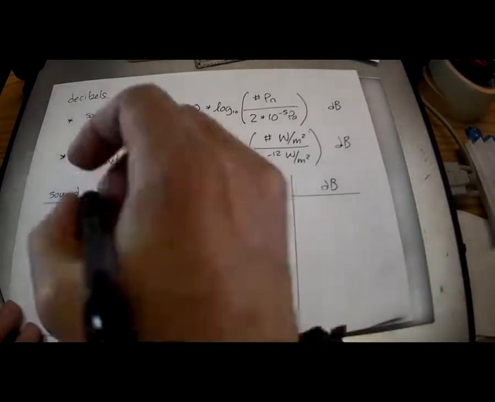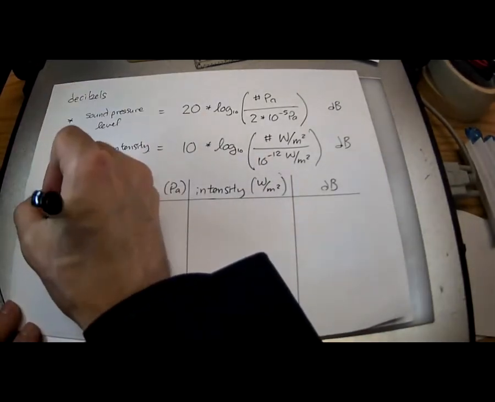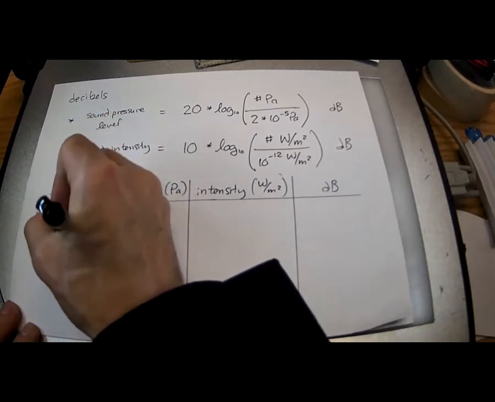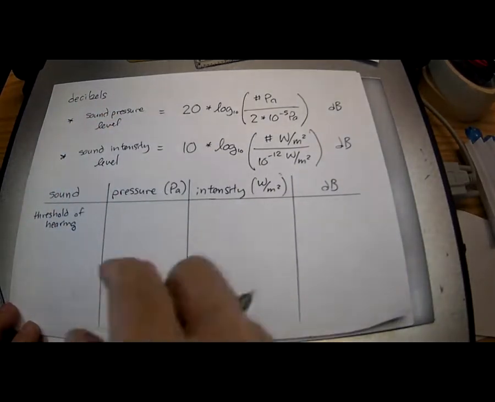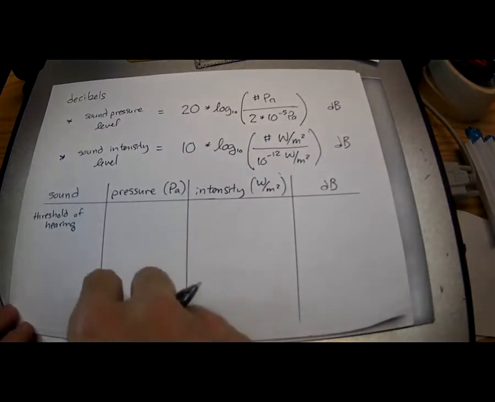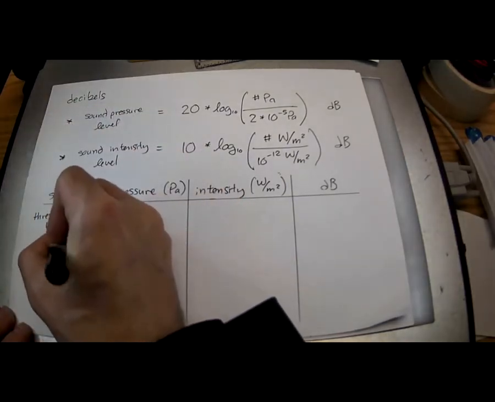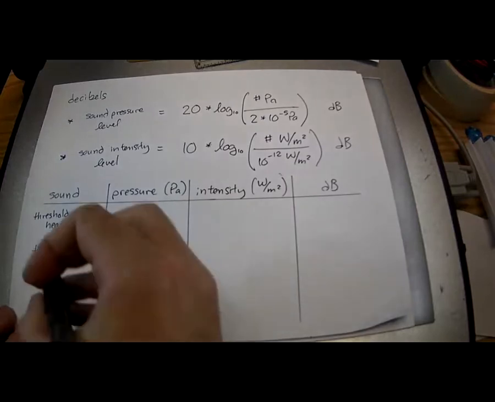The 4 sounds we're going to look at: threshold of hearing, that's to say, the quietest sound that you can perceive, like your ears can just pick it up and you think, I think I hear a sound. We're going to do talking, so maybe like me talking to you right now. We'll do loud music.